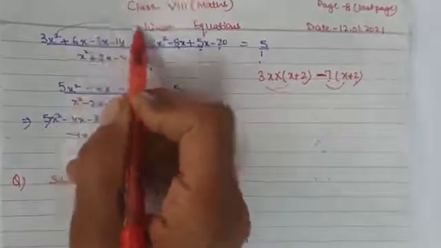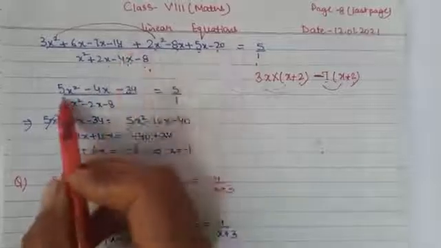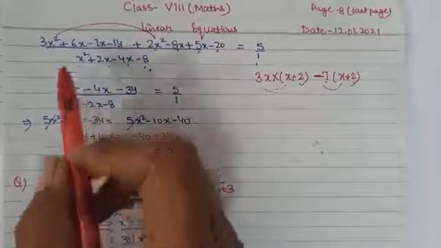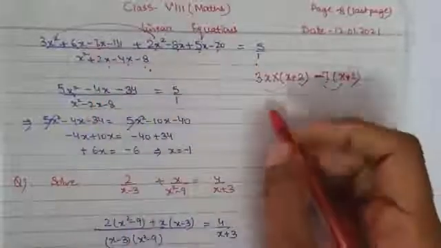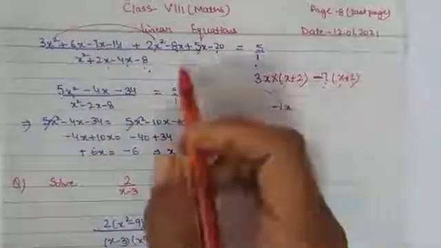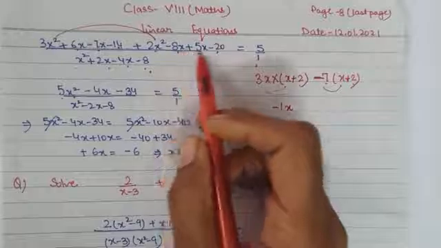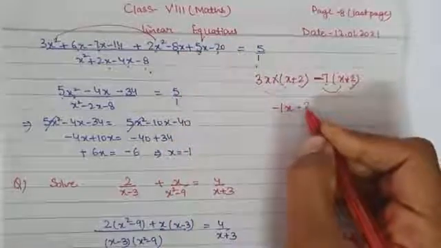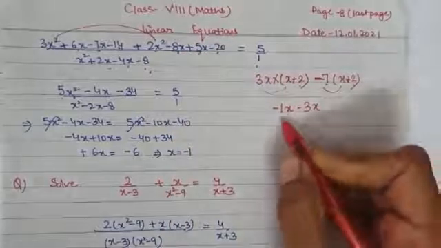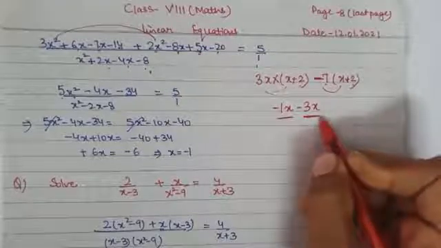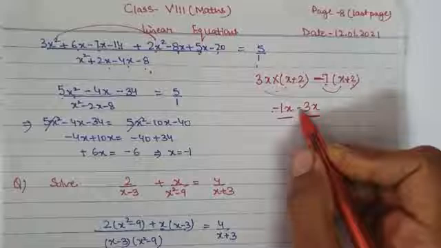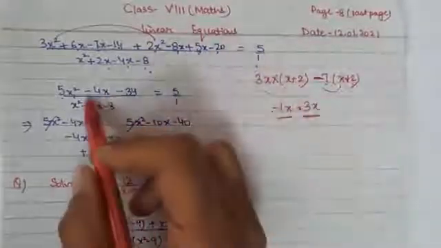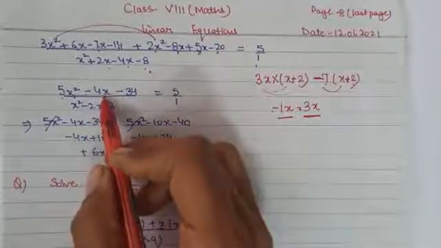Now these two are like terms, will give you 5x square plus 6x minus 7x minus 1x minus 8x plus 5x minus 3x. Now minus 1x minus 3x, minus minus plus, but sign will be negative only, minus 4x.